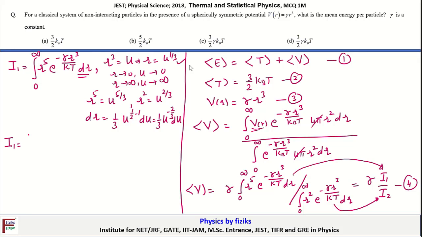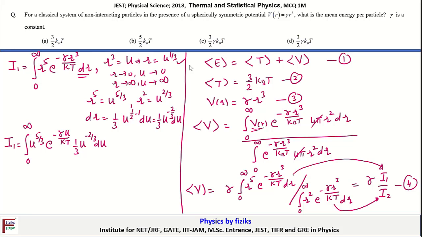I1 will be the integral from 0 to infinity of r^5, that is u^(5/3), and then exponential of minus gamma u upon kT, and then the value of dr, which is equal to 1/3 u^(-2/3) du.